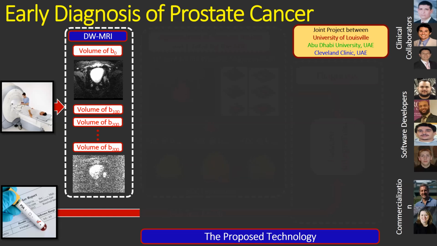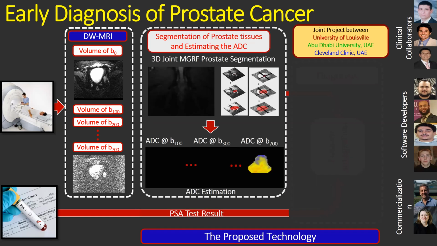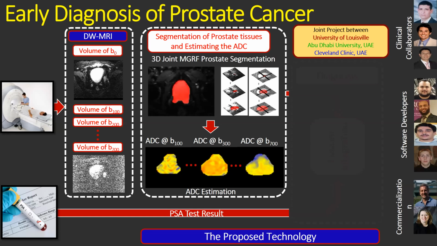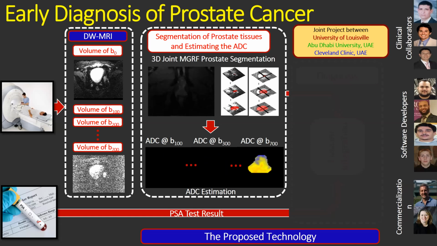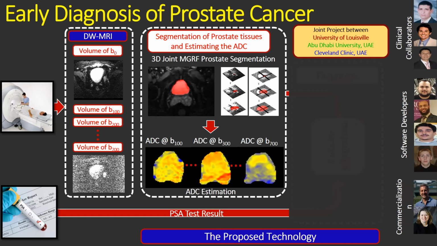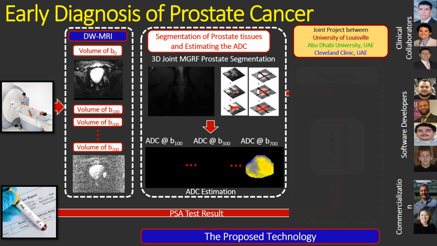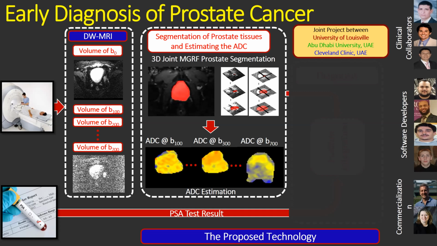So we started to discuss how we can do something comprehensive and non-invasive. Here we use diffusion-weighted MRI, which measures the percentage of blood inside the prostate, and from it we can detect whether the tumor is malignant or benign. The hypothesis is that a malignant tumor is usually fed by a blood supply.